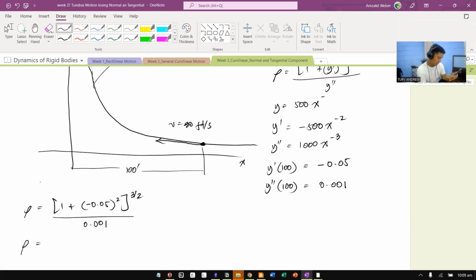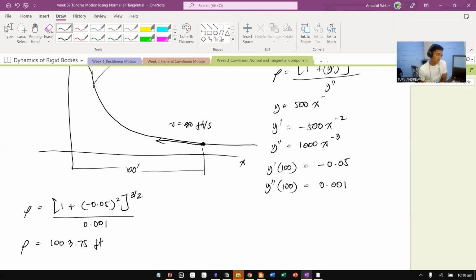So it is 0.05 squared plus 1 raised to 3 halves times 1000, which is 1003.75 feet.